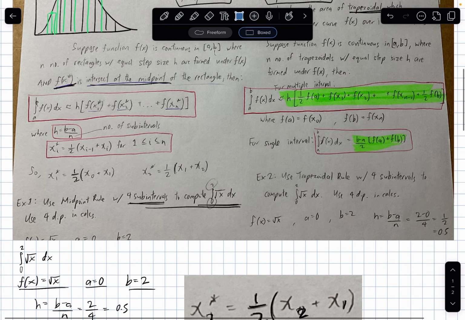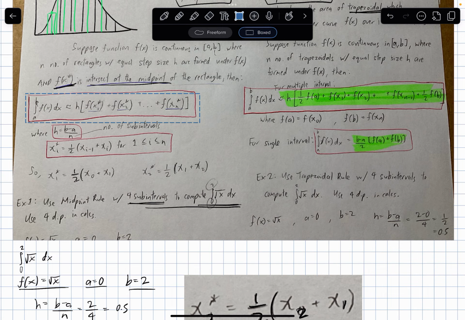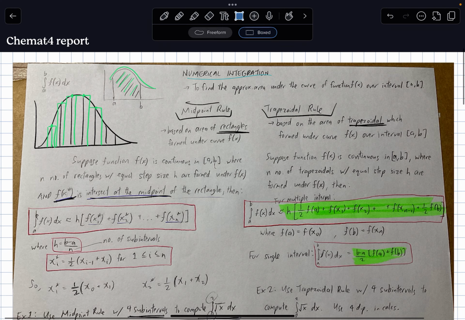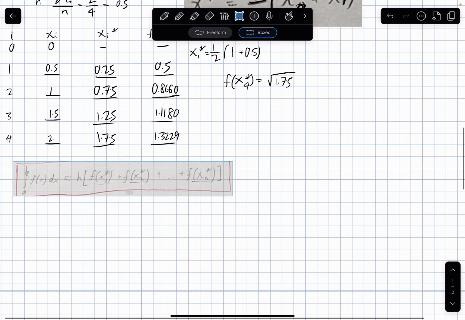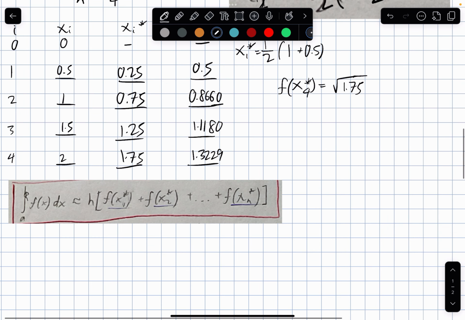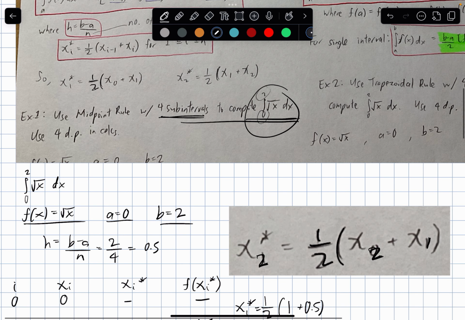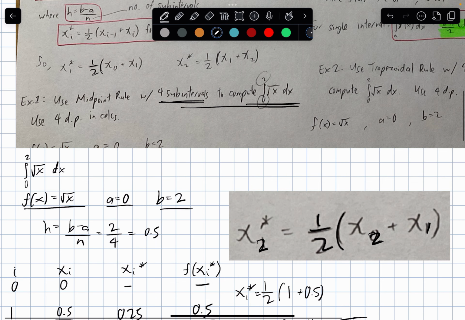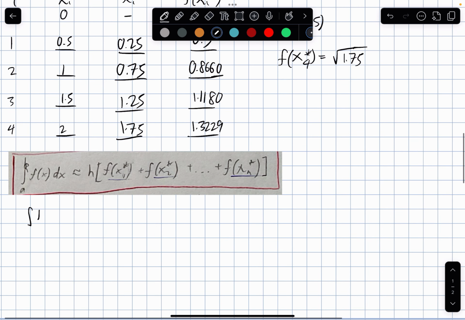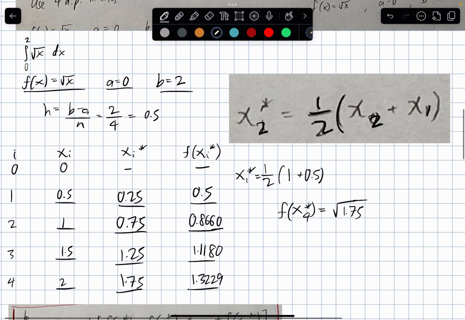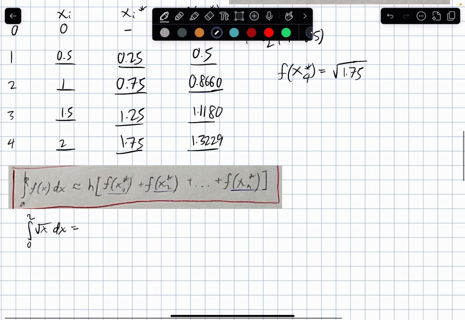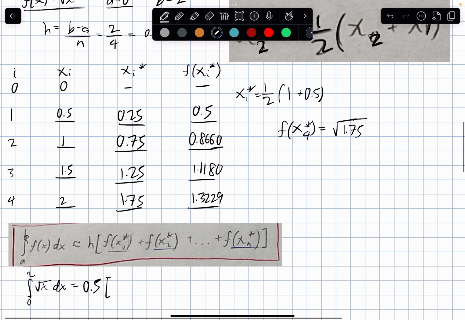This is the part where we use this formula. So, again, list natin yung given. So that is from 0 to 2, square root of x dx equals what is our height? Height is 0.5 times quantity f of x sub 1.